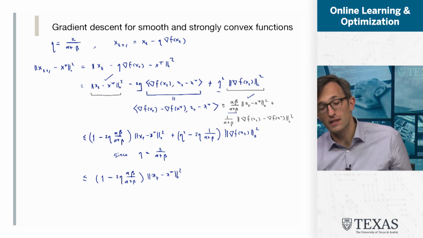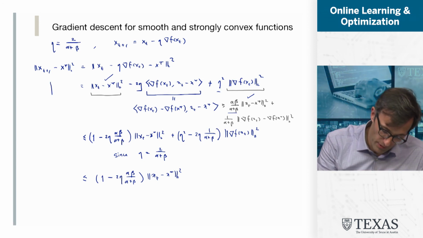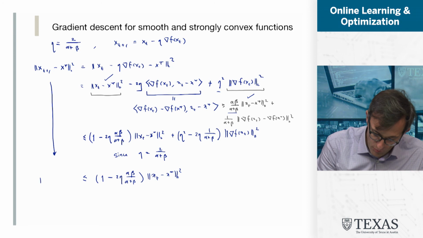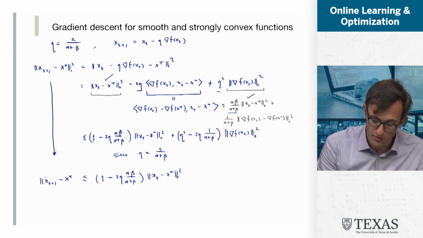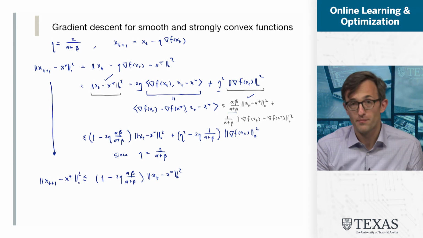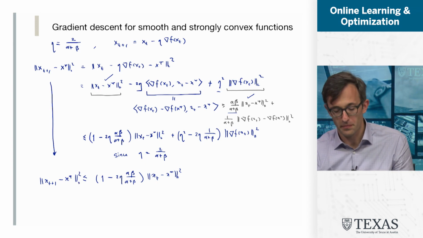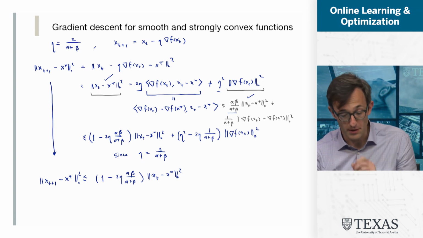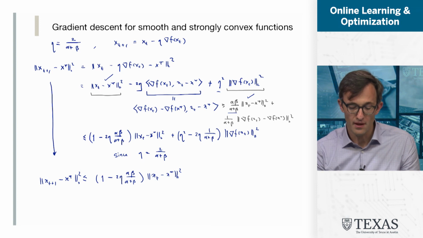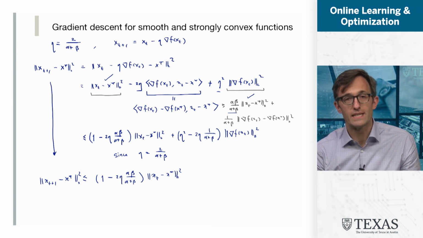And this is exactly what we wanted, because bringing this down, we see that what we have is a contraction at every iteration with some constant that's strictly less than 1. So as long as my eta is not too big a step size, and I've taken care to make sure of that, this is a contractive factor.